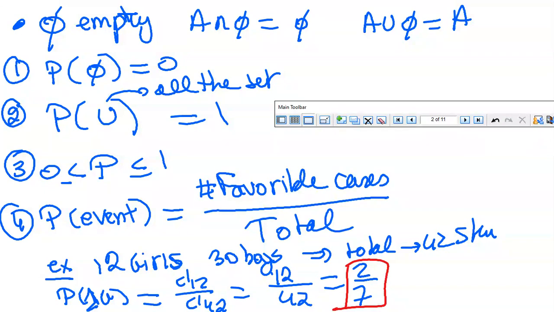I can write it like this: C(12,1) over C(42,1). This is the favorable over the total, and the probability is 2 over 7.